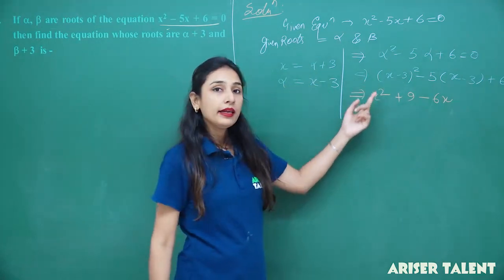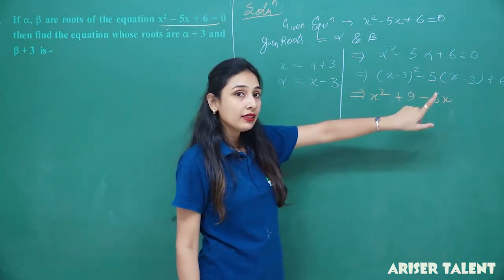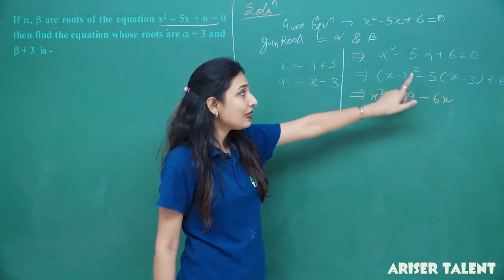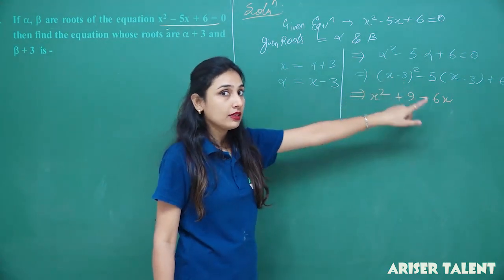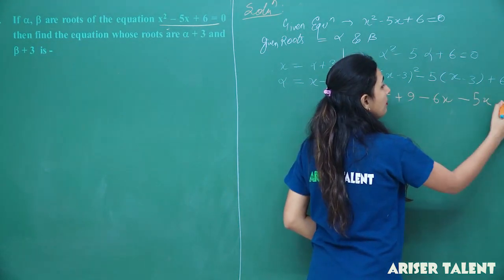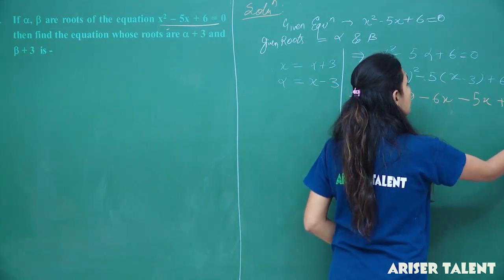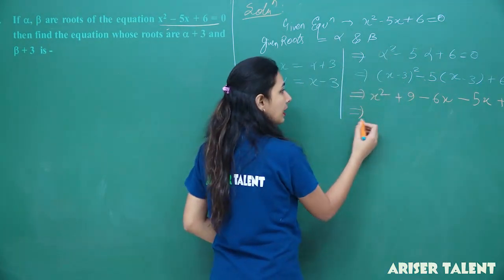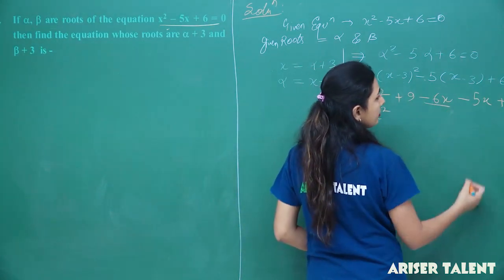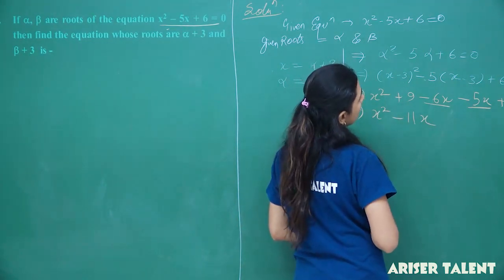So x square, plus 3 square, minus 2 times 3 times x, 6x, minus 5x plus 15 plus 6 equals 0. Any x remaining? No, x square here. Then 6x and 5x will give you minus 11x.